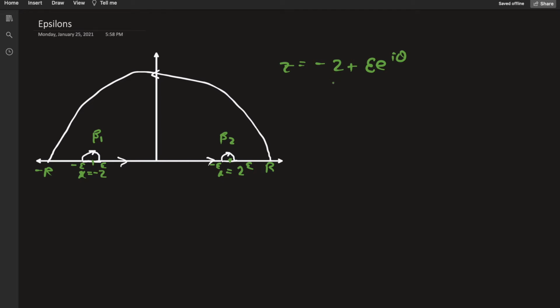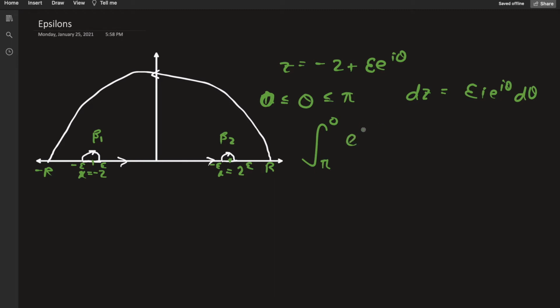So that's how we'll parameterize in this case. And theta is going from 0 to pi, actually pi to 0. If you want to talk about the anti-clockwise convention, the integral will go from pi to 0 because of the convention. dz is going to be epsilon I e to the I theta d theta. And we substitute this parameterization in f of z.